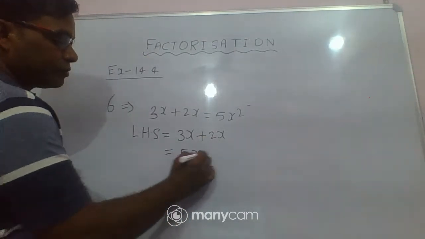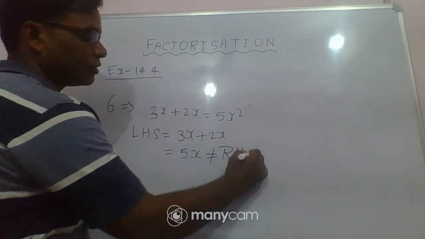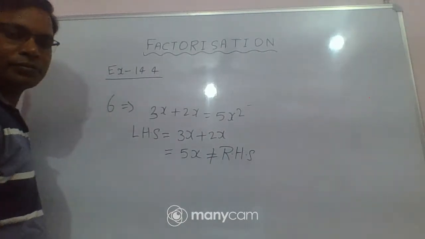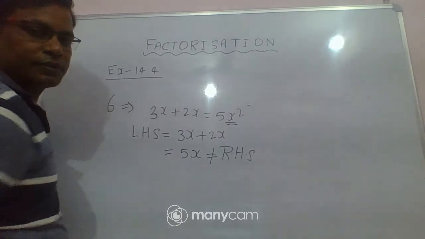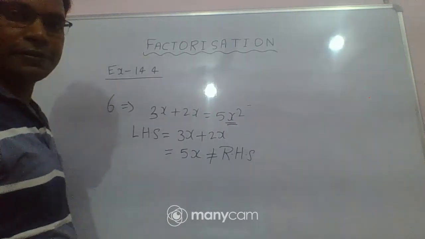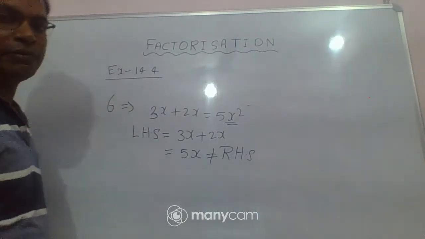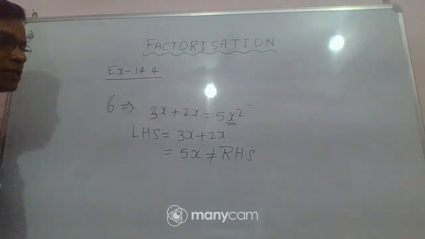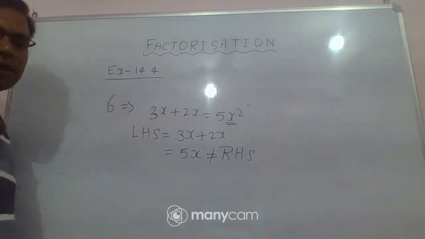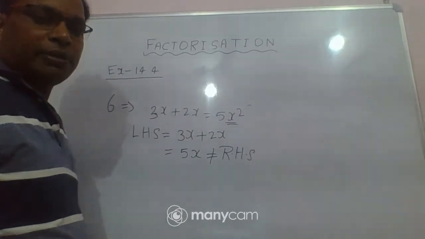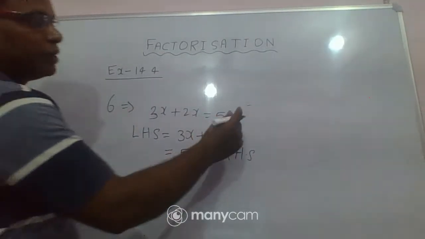So we can add it. We find here 5x. This is not equal to the right hand side. So the error is here. Clear? This is the error part. So what is our correct mathematical statement? 3x plus 2x is equal to 5x. This is our correct mathematical statement.